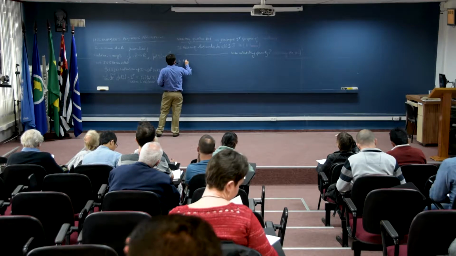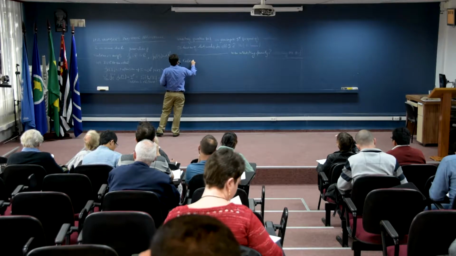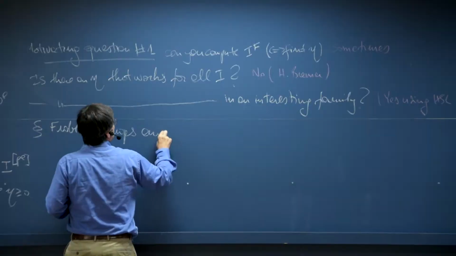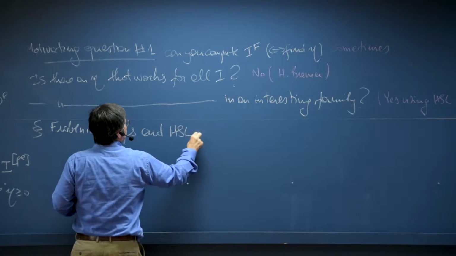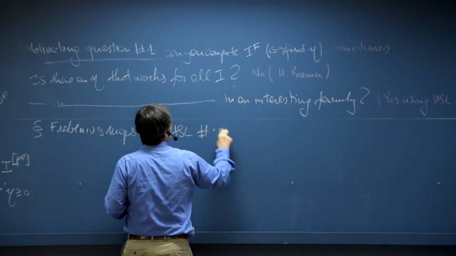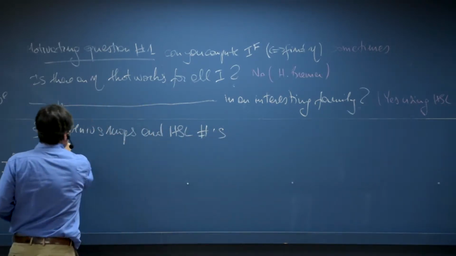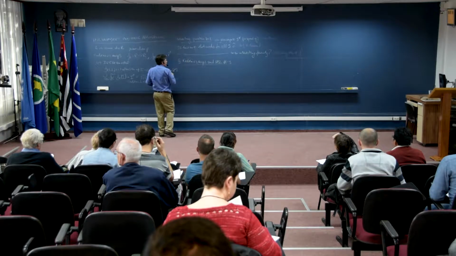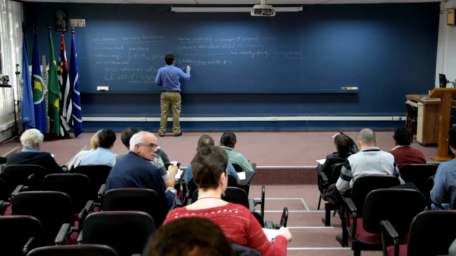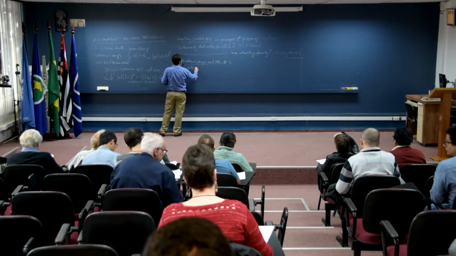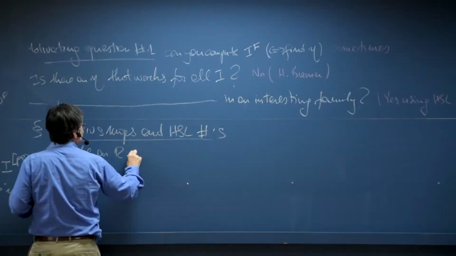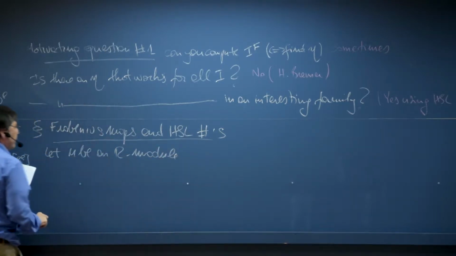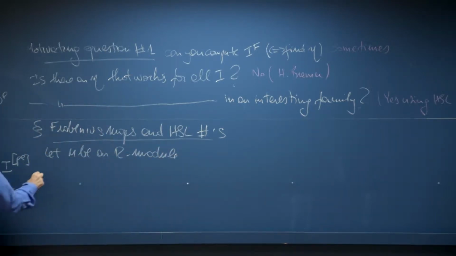Frobenius maps and HSL numbers. So we're going to look at some R module. So let M be an R module. So we want to define a special kind of functions on this R module.